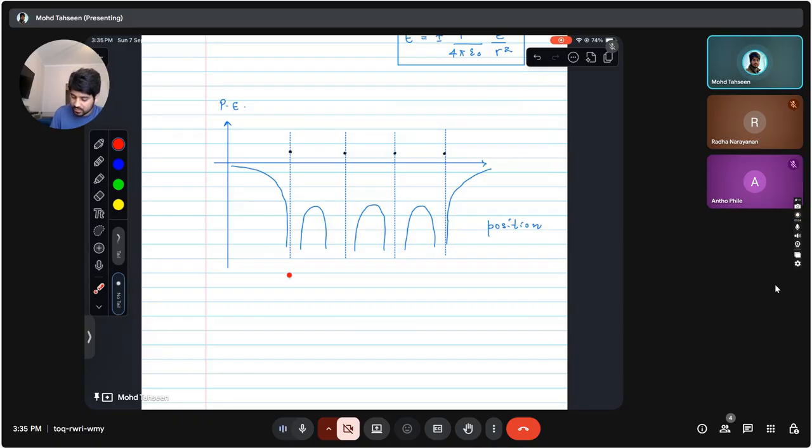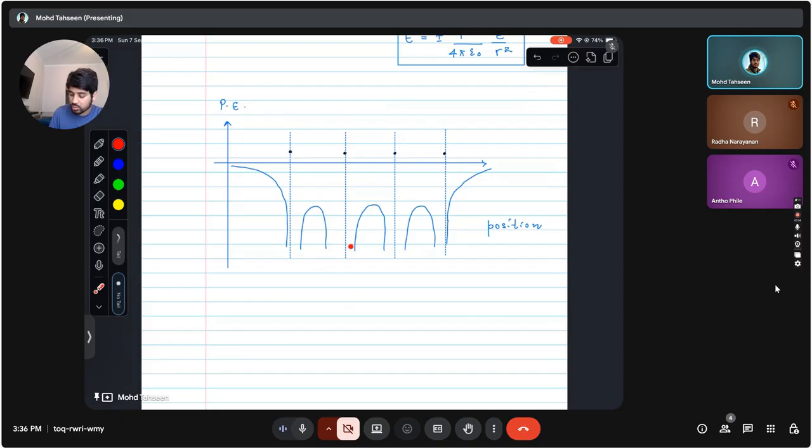Now what are these lines? The thing is that these two would meet somewhere down below, but we do not know exactly where, and it's not very important to us to know where they would meet. The only consideration is that they would meet somewhere, because this energy versus position graph has to be continuous, right?